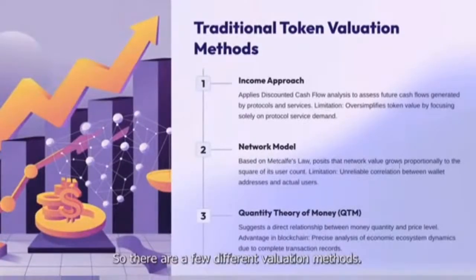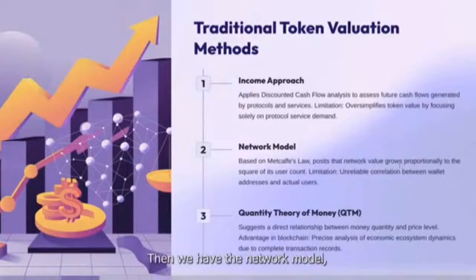There are a few different valuation methods, and this is where things get a bit heated, because there's no objective way to value different cryptocurrencies. One method that we've borrowed from more traditional financial theory is the income approach, which uses things like discounted cash flow analysis to assess future cash flows.